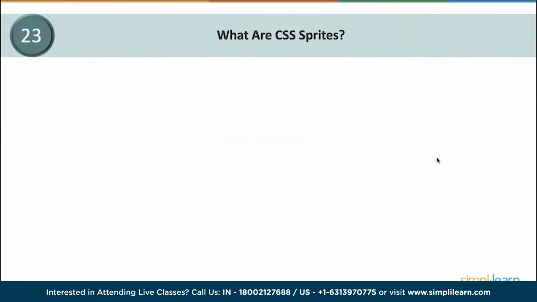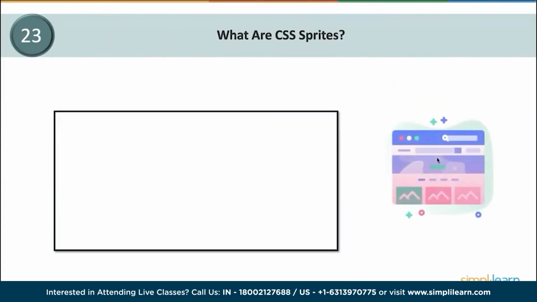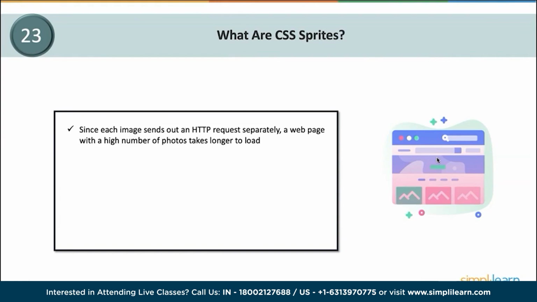Now, what are CSS sprites? CSS sprites is a technique where you can take a larger image, download it in a single shot, and cut it down into pieces and utilize them the way you want. If you're using these small images separately, to load those images independently you would be making multiple HTTP calls, which can be an overhead.